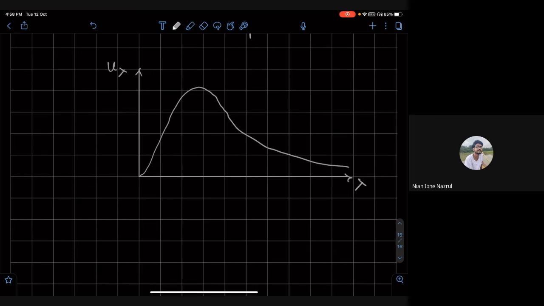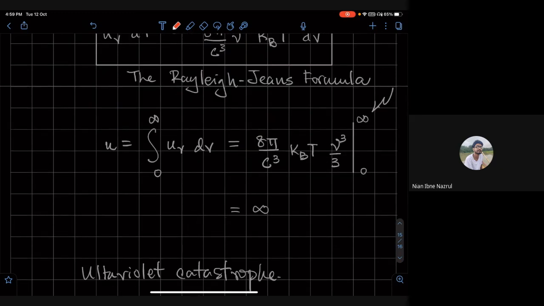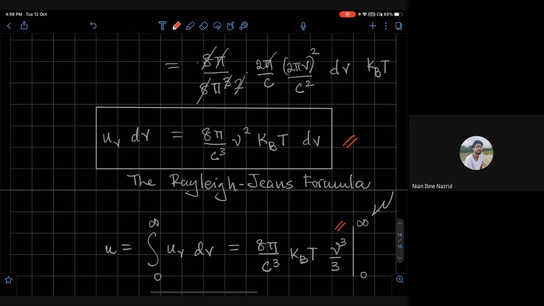So this formula is actually given in terms of frequencies, but you can convert this energy density in terms of lambda. And that's an interesting exercise that you should do.